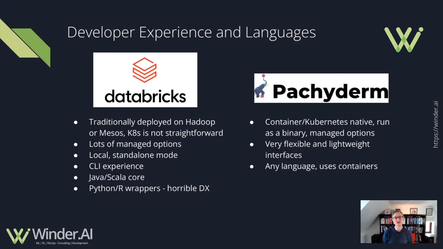Principally, the code that you write is in Java or Scala. That's the language that the Databricks ecosystem has been developed in. There are Python and R wrappers for Spark, PySpark, for example, but they are wrappers of the Java API. And one of the biggest issues with that is that when you run your code and it inevitably fails the first time, even something as simple as the stack traces all spit out in Java.